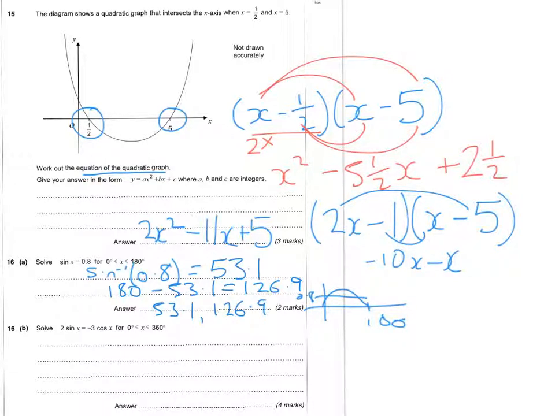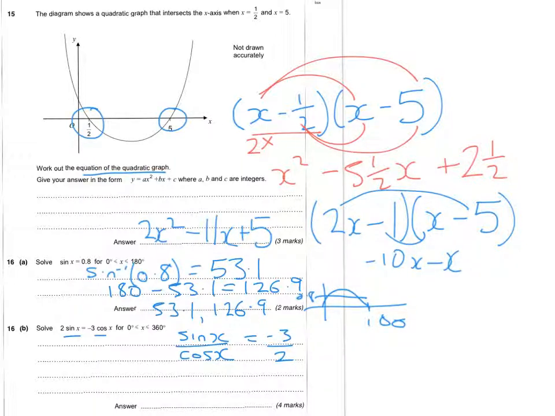Solve 2 sine x equals negative 3 cos x. Oh, this has got sines and cosines, so I think this will probably use an identity. I need to get all my x's on one side, all my numbers on the other, so I get sine x over cos x equals negative 3 over 2.